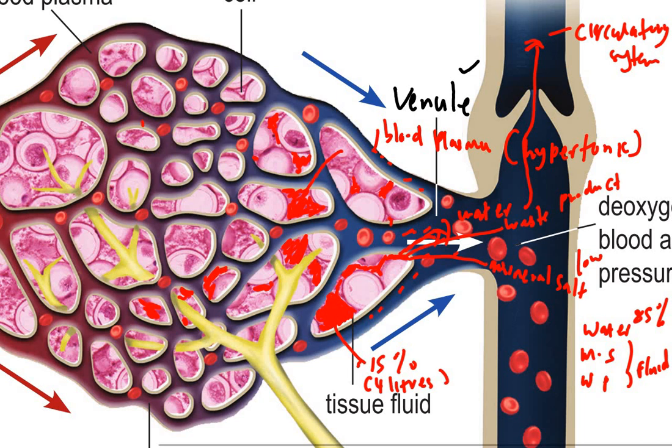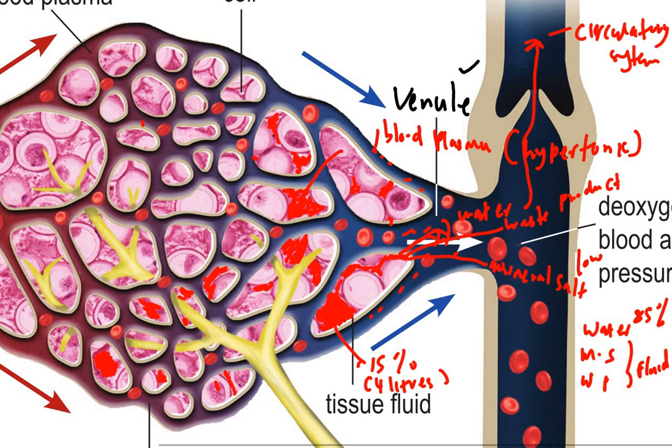So this fluid is actually important for the capillary, for the blood circulatory system or the blood vessel, especially to move the blood, to make sure the blood flows easily in the blood vessel. But because of the formation of the tissue fluid from the blood plasma here, 85% will be reabsorbed back at the venule, but 15% will remain in the intercellular space.